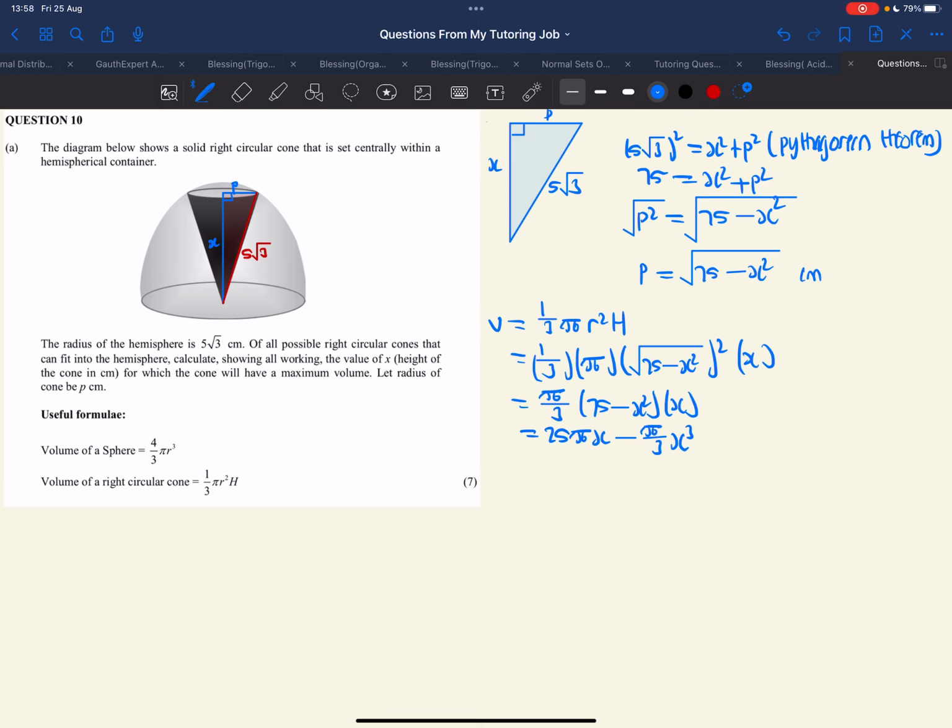Now in the question they say that you must find the value of x, the height of the cone in centimeters, for which the cone will have a maximum volume. For us to do that, it means we're gonna have to do the first derivative.